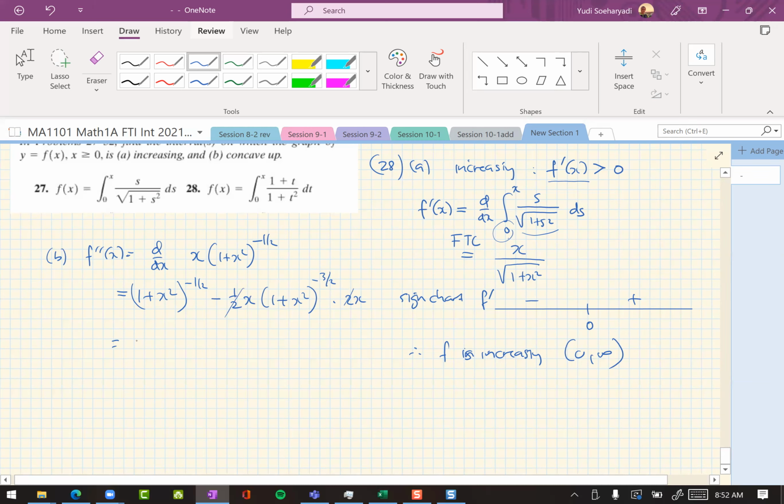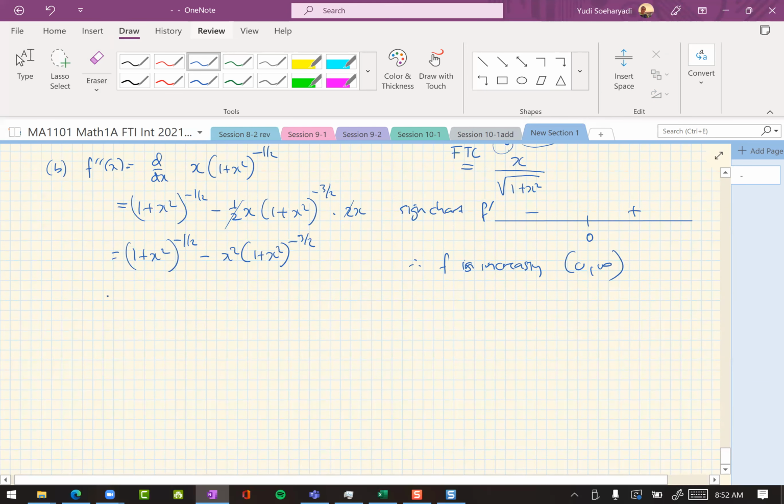So we write this down. We don't need to. Just, we need the sign chart. So this is just x becomes x squared. Okay, and you do factorization. Okay, let's factor 1 plus x squared with the lowest degree, so it's negative 3/2.